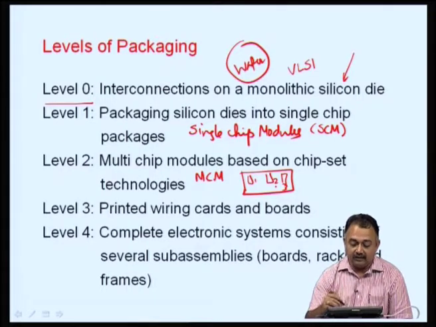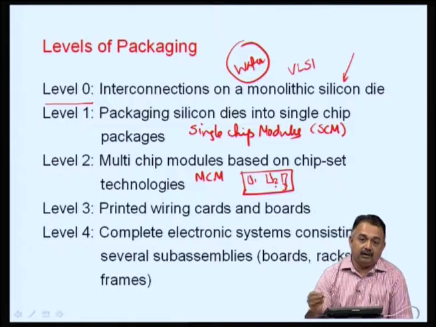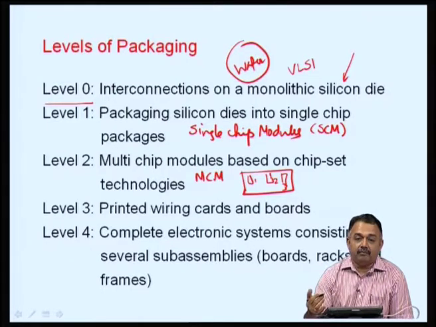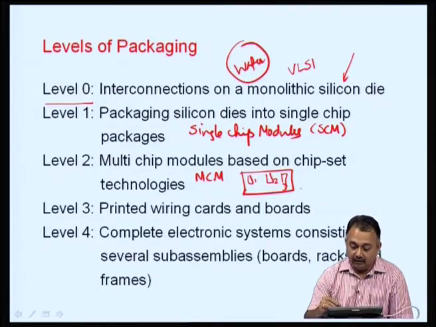So, the individual ICs 1, 2 and 3 can come from different companies. It can perform different system functions. So, one can be an analog IC, one can be a digital IC, one can be for example, a memory IC. Okay. So, these can be interconnected to form a multi chip module.